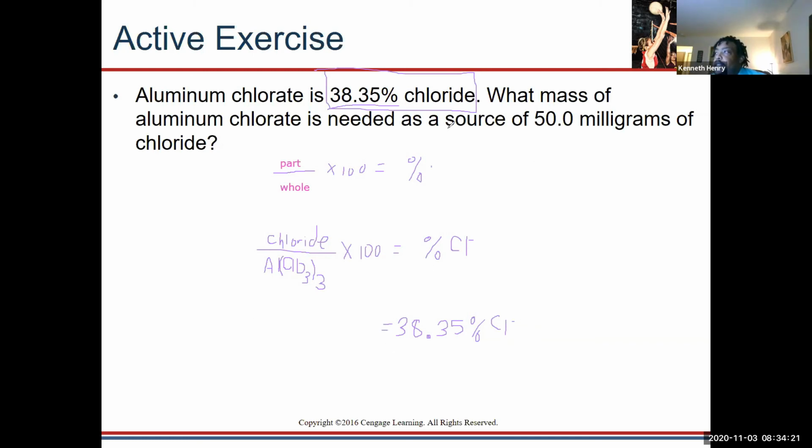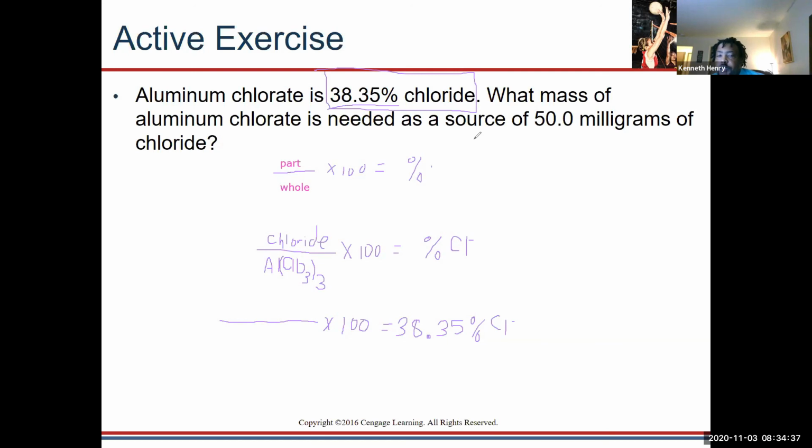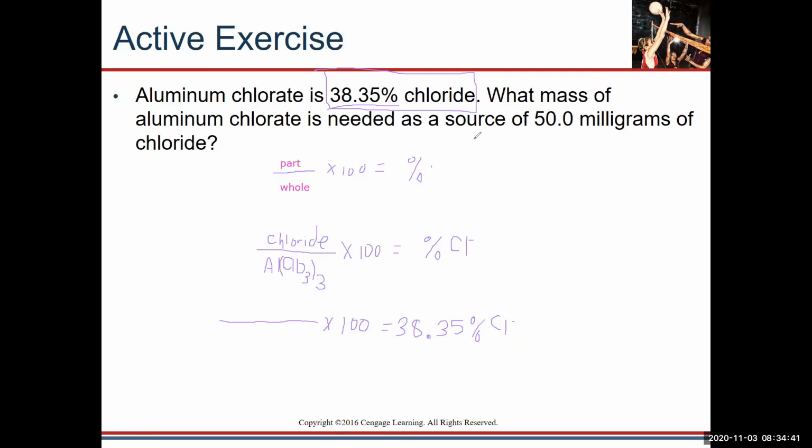So what else do they tell us? The rest of it is the question. But there's nothing else they're giving us? Milligrams of what? Of chloride. So is that my part or my whole?